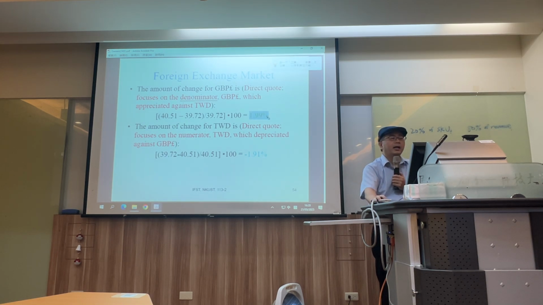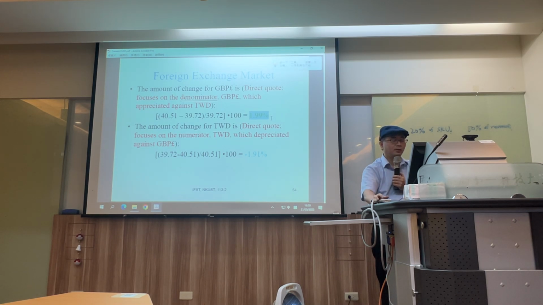That's correct. And then if we were interested in the New Taiwan dollar, how do we do the math? And what will be the number? Yes.